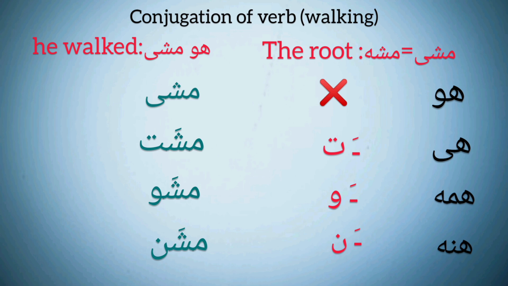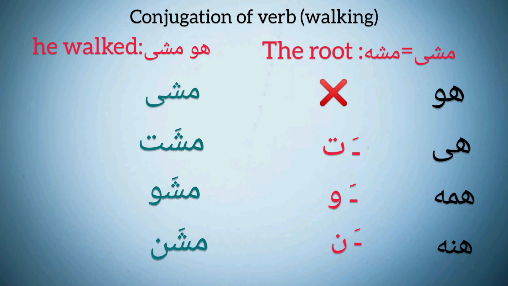We have to delete it and add some letters and some signs. Huwa misha and hiya mishit. Hiya mishit. We have to delete the alif from them. In these pronouns, huwa, hiya, humma, and hinna, the alif at the end of the roots must be deleted.